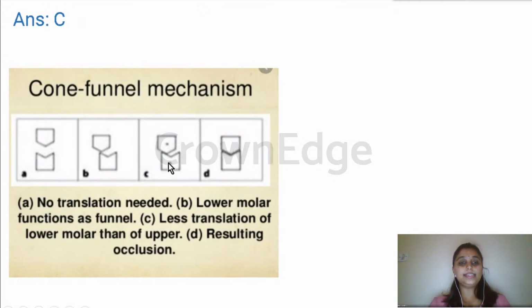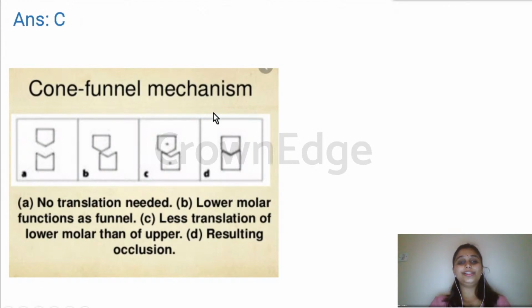In picture C, there's less translation of the lower molar than of the upper, so basically this molar has to move. And picture D is what we actually want. We want the occlusion to be like this. This is just a pictorial representation of your permanent molar relationship.